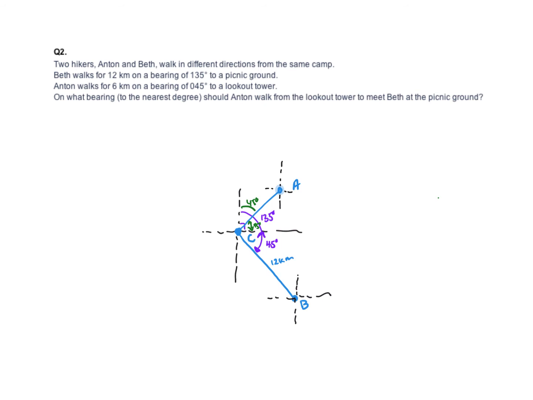So what you're doing is you've got to join the two together. So we're joining Anton and Beth, and the question is what bearing should Anton walk from the lookout tower to meet Beth? So it's from Anton. So the question is actually, this is the bearing, how much is that going to be? So you can see what we've got.